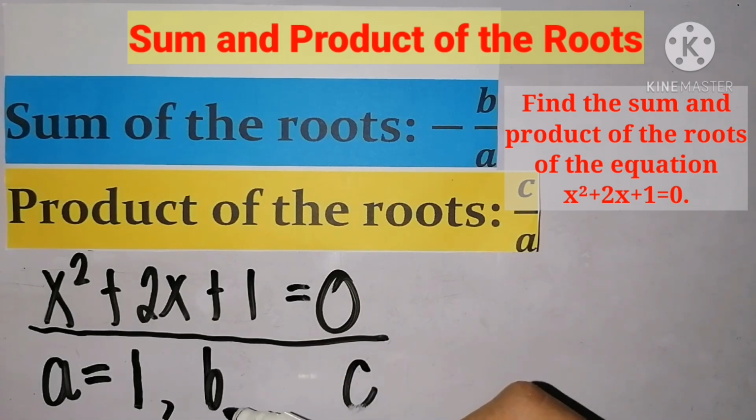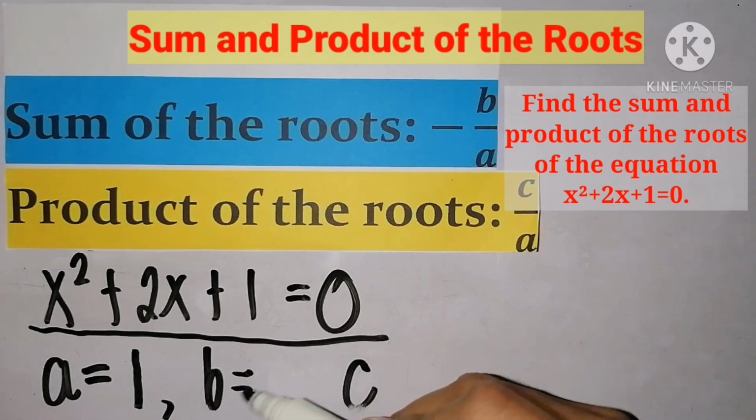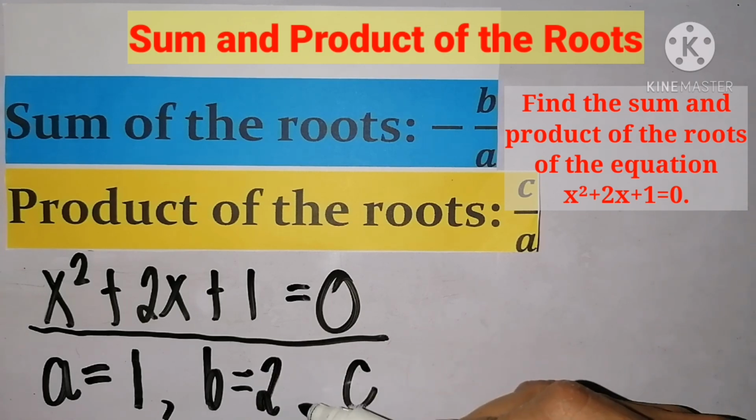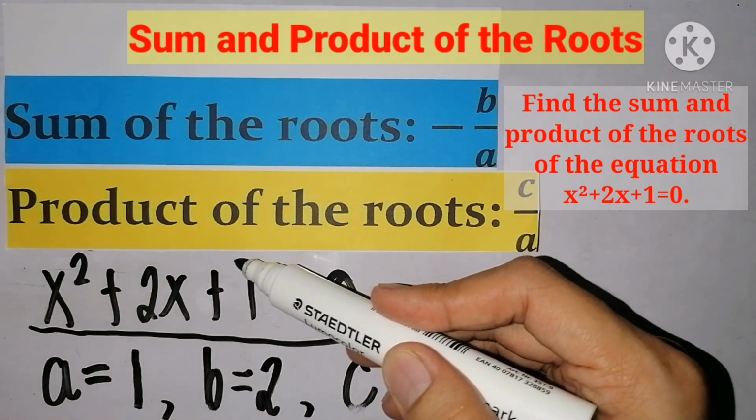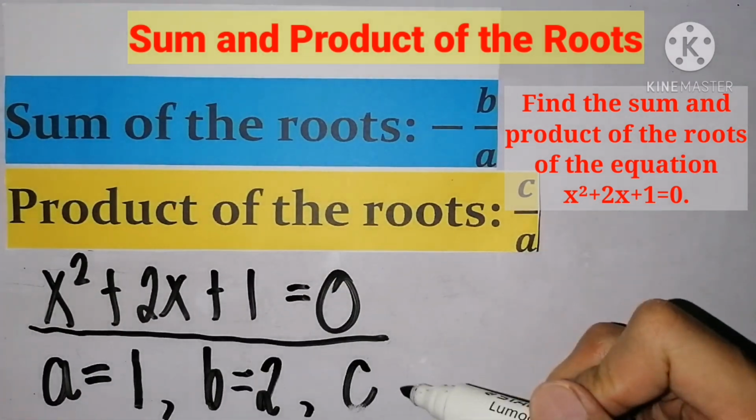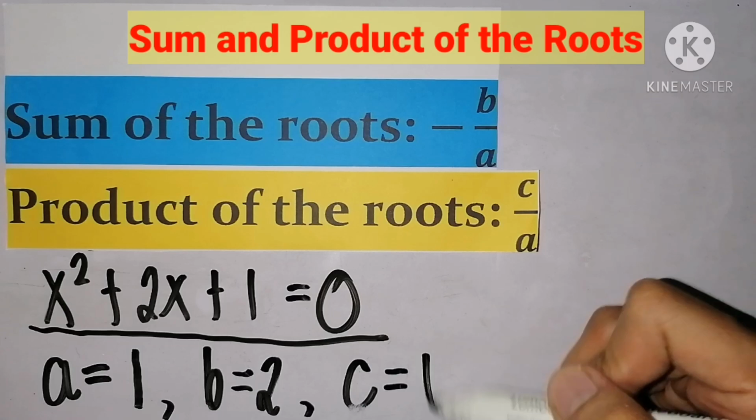Now for the value of b, that is the numerical coefficient of x, so we have b equivalent to 2. How about for the constant? For the constant, we have positive 1, so you write c equivalent to 1.